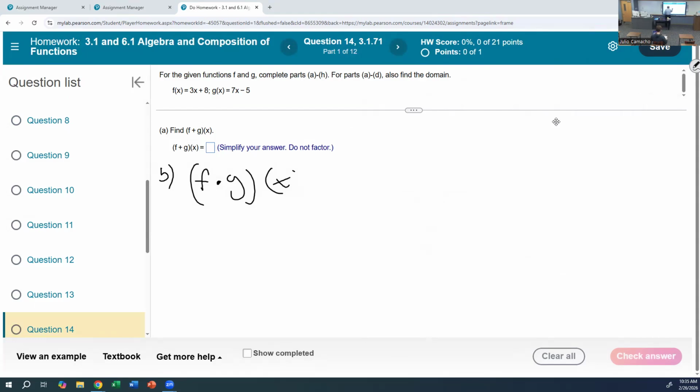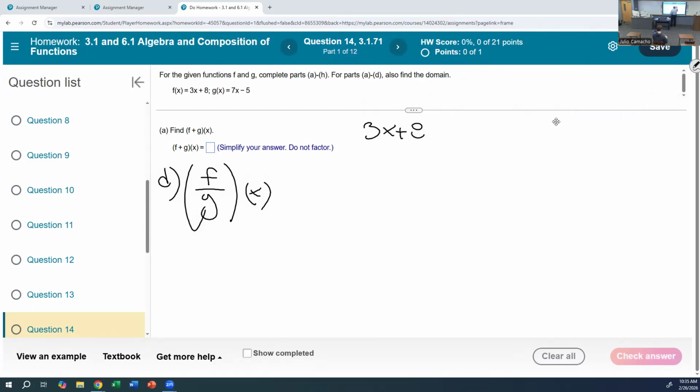D is a division. Now in D we are dividing. f over g of x means we divide both. So it's f of x, 3x plus 8, over 7x minus 5. My question is, what can we do there?